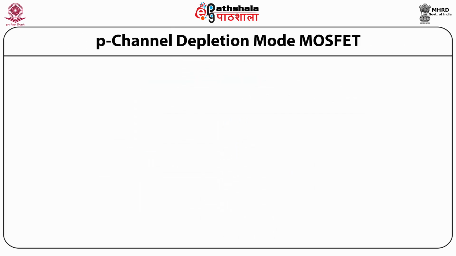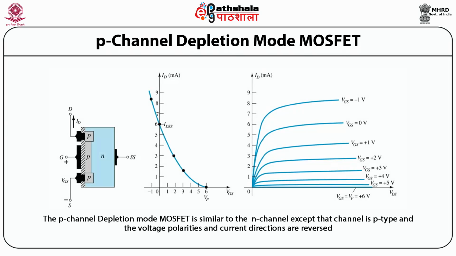So let us now discuss the P-channel depletion mode MOSFET. Here, the P-channel depletion mode MOSFET is similar to the N-channel except that the channel is P-type and the voltage polarities and the current directions are reversed.